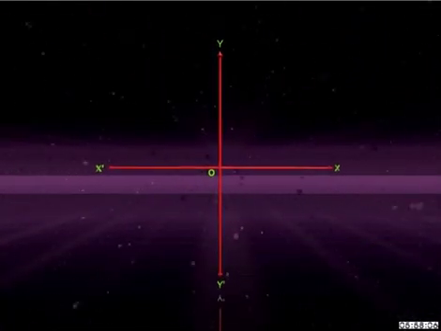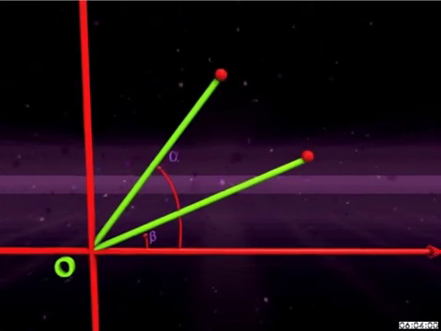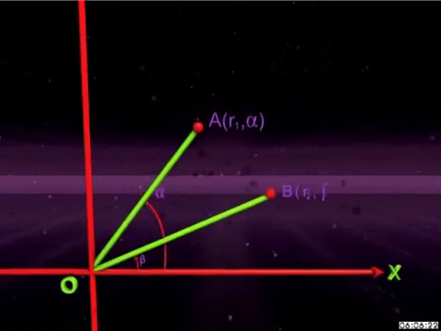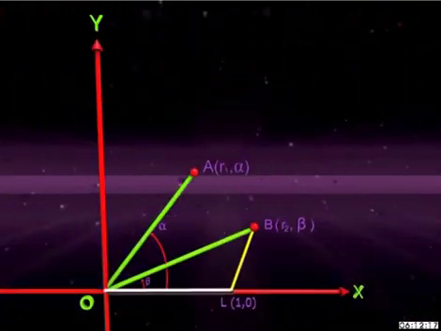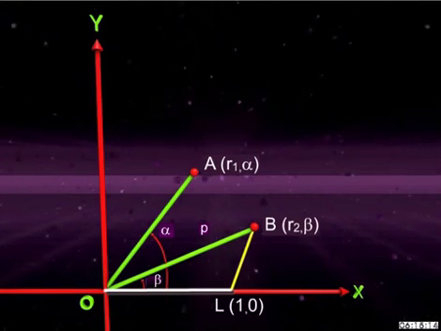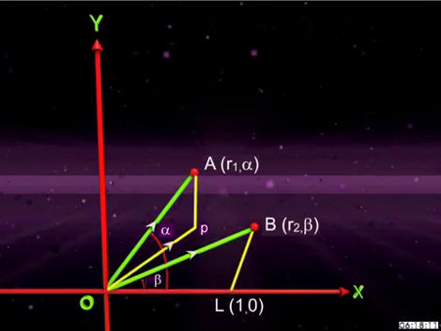To see the geometric representation of division of two complex numbers, consider again two complex numbers with polar coordinates. Let the two complex numbers be A, z1 with coordinates r1 and alpha, and B, z2 with coordinates r2 beta, in the complex plane. Now considering the real axis and imaginary axis with O as the origin, the two complex numbers A and B are drawn with OA equal to r1 and angle AOX equal to alpha, OB equal to r2 and angle BOX equal to beta.